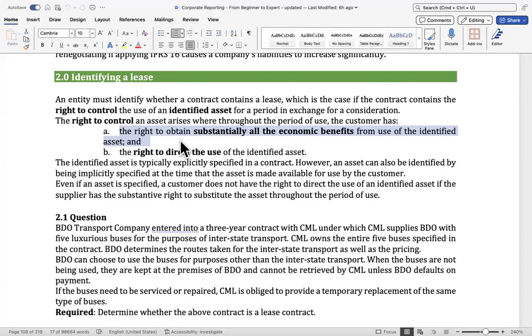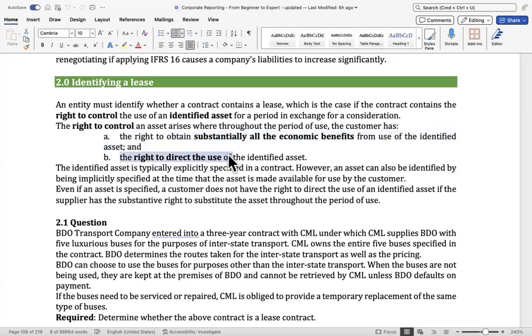And the second one is the right to direct the use. This is possible where he takes the decision on how he wants to use the asset, what he wants to use the asset for, and the modality.